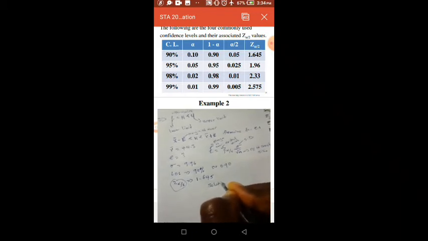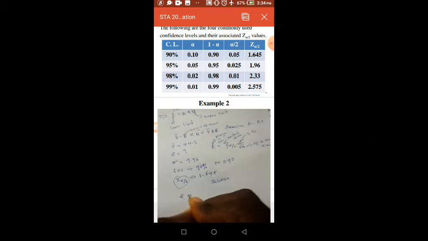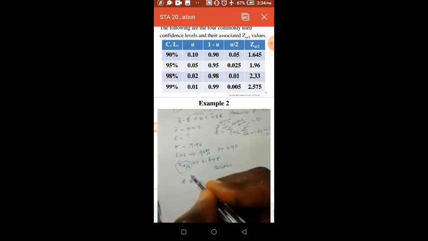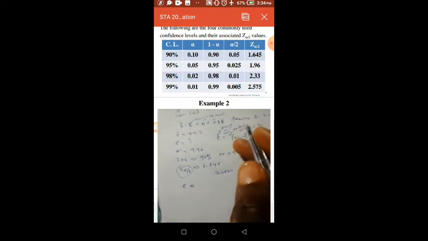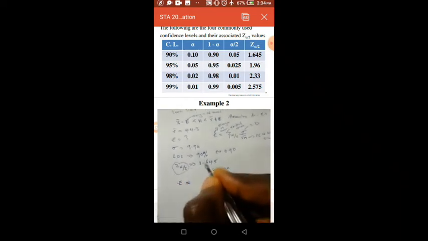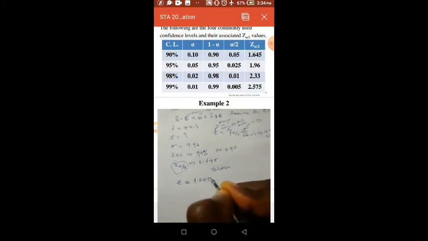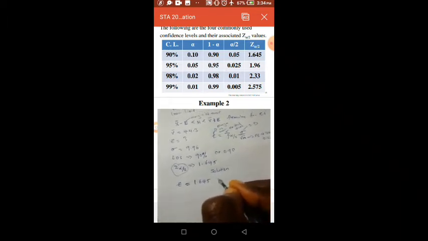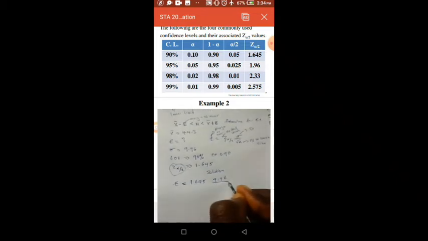Now I think all the parameters are completed. Don't forget we want to get our E so that we can work out our confidence interval. E equal to the critical value, 1.645, times the standard deviation, 9.96, divided by the square root of n.